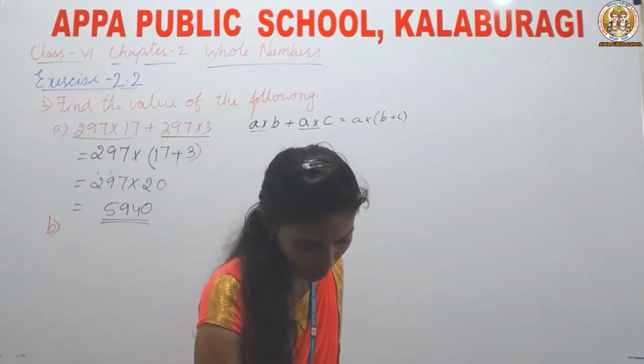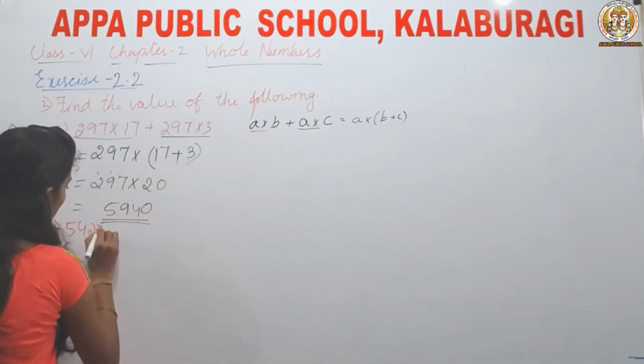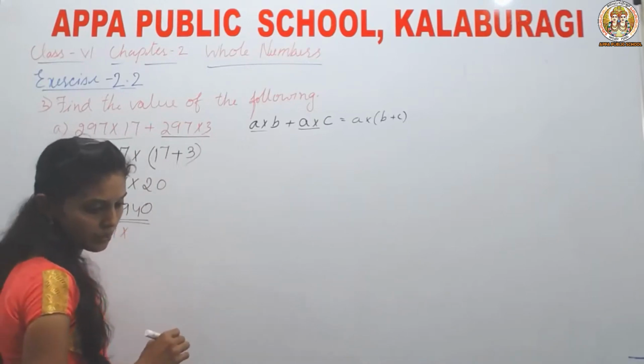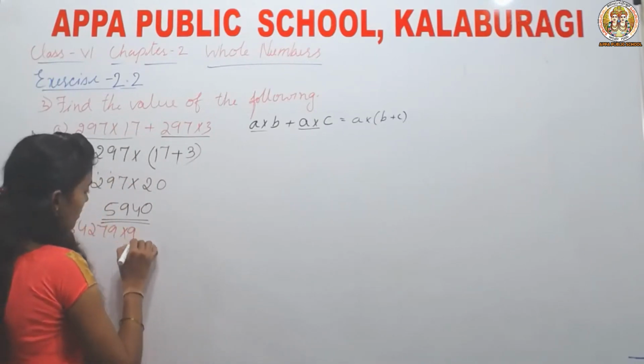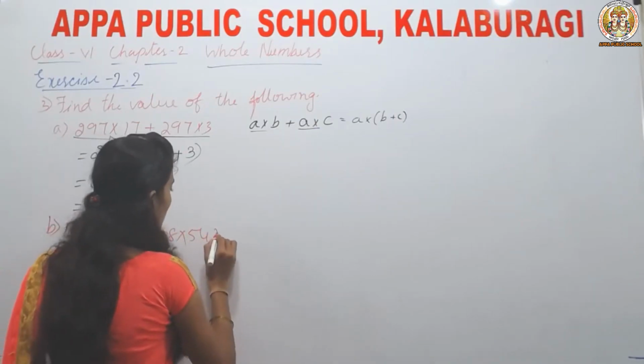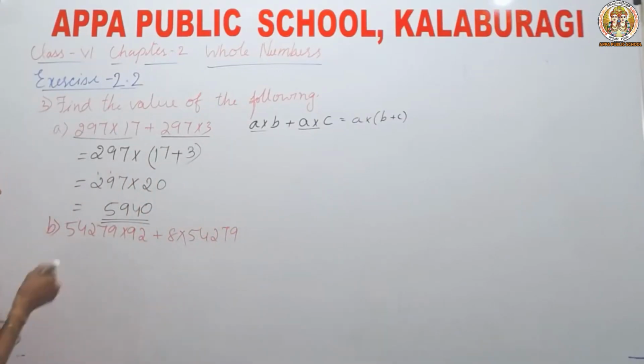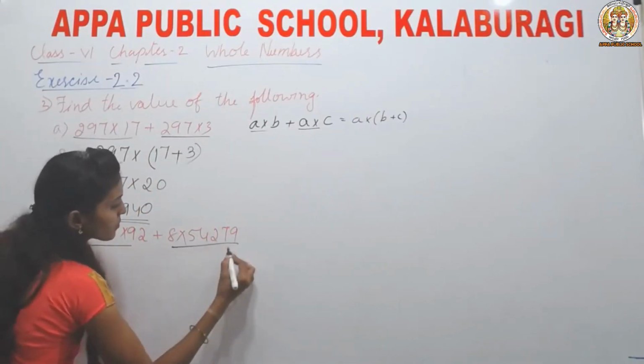Is 5429 into 92 plus 8 into 54279. Same way. See here. Here also we have two terms.